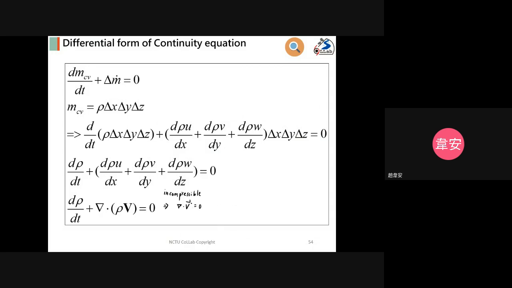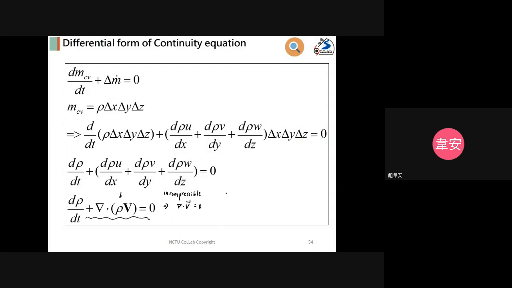This is very useful if the flow condition is incompressible. The left-hand side is the general continuity equation. Even though the flow condition is not incompressible, the velocity field still satisfies these equations.